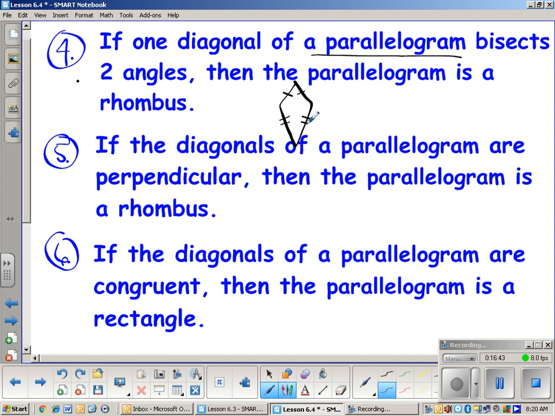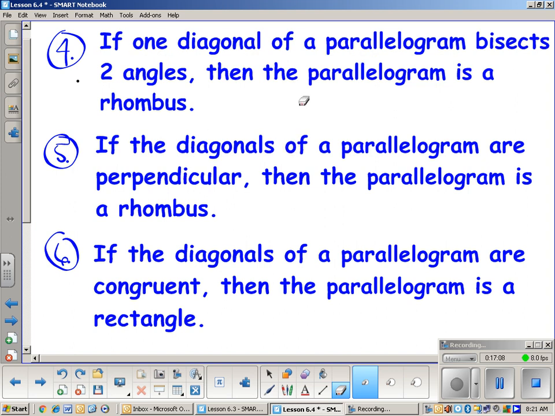So a kite doesn't apply here. My first thought, I looked at it real closely and thought, wait a minute, did I make a mistake writing this down? Because that doesn't work. Well, my flaw is that right away at the beginning it says, if one diagonal of a parallelogram. And again, a kite's not a parallelogram. So we can throw that thought out because that was a bad thought.